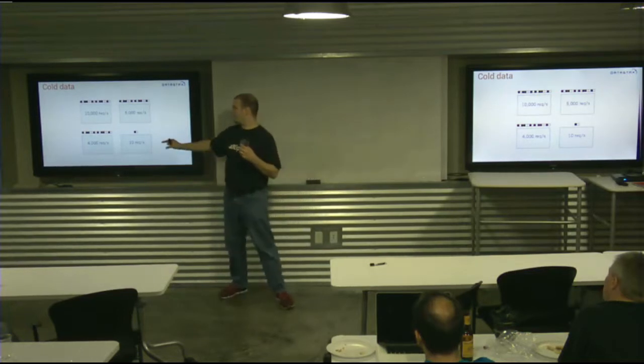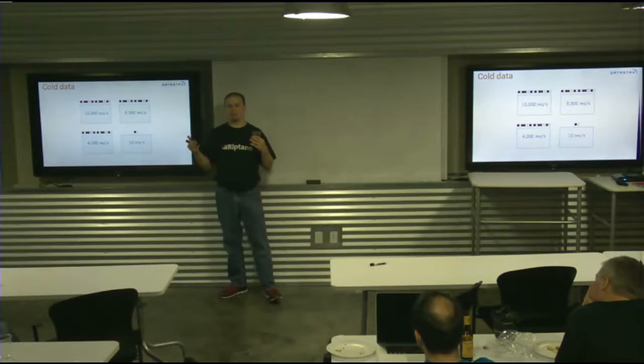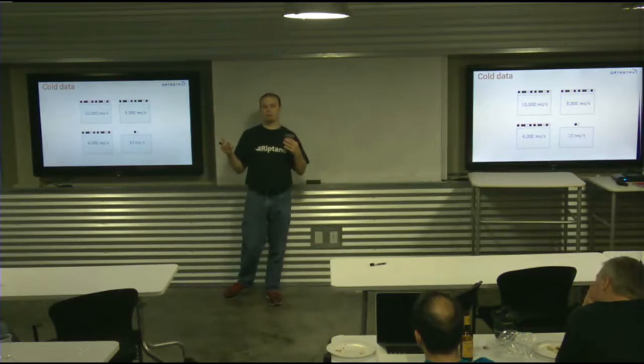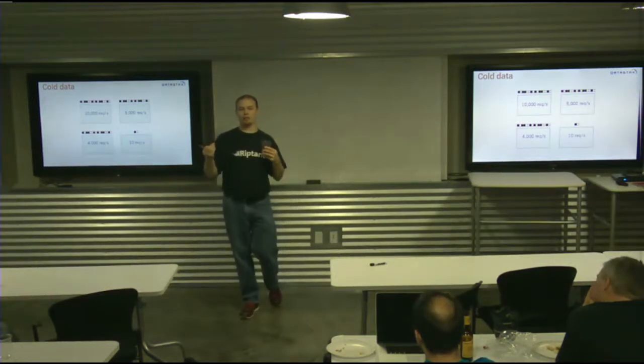Because this is saying, if I'm only checking this SSTable 10 times a second, it's not the end of the world if I'm less accurate with my Bloom filter, and I'll have to actually go and check the index a little bit more frequently.